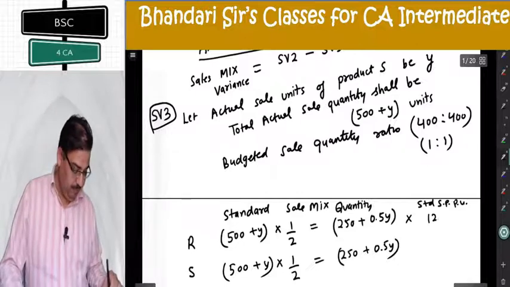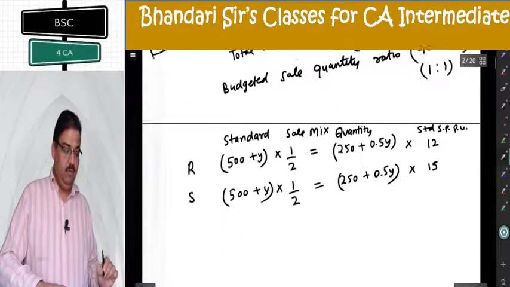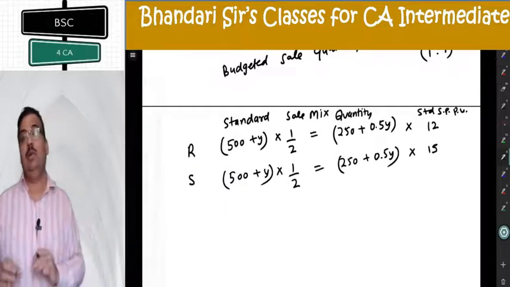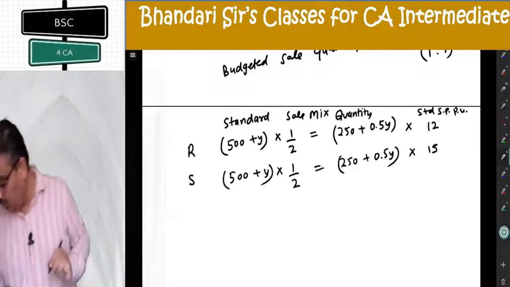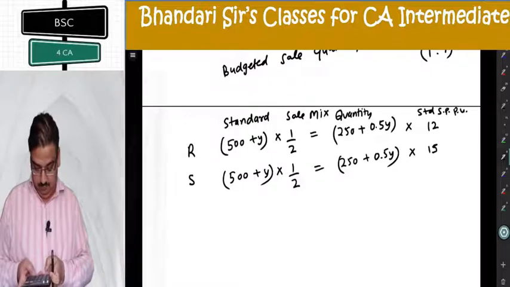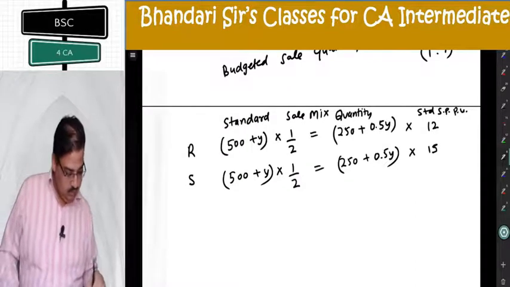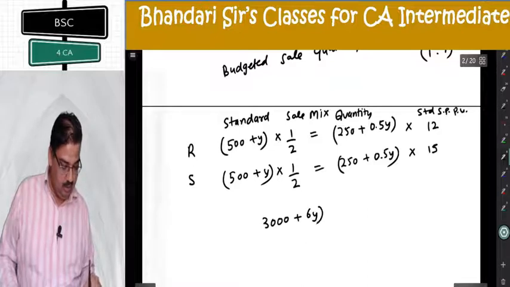Multiplied by 12 and multiplied by 15. Once I multiply and add, I will get the total SV3. So what I am getting? 250 into 12, this is 3000 plus 6Y.